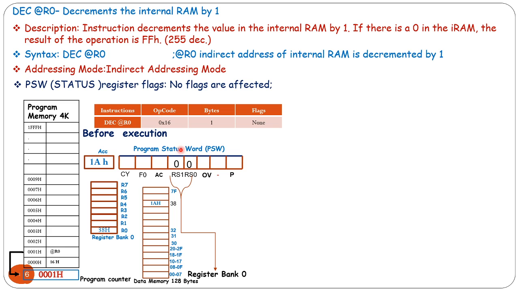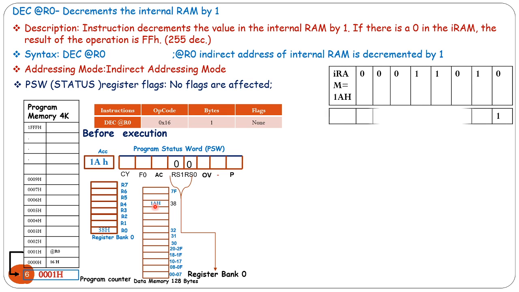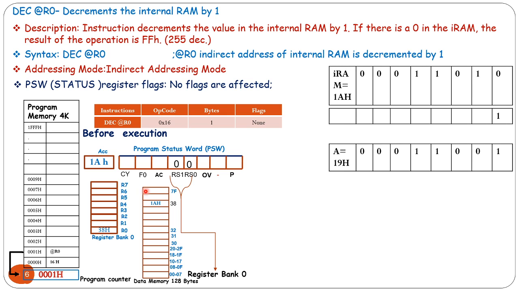So this RS0 and RS1 gives the address of register bank 0, and in that register bank R0 has 38H. So this 38H gives the address of random access memory on which the content of that address is 1AH, and that is decremented by 1.